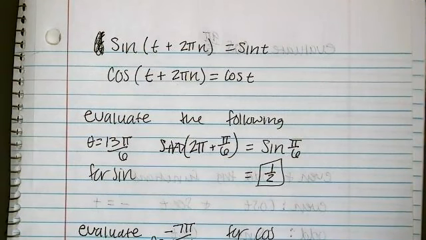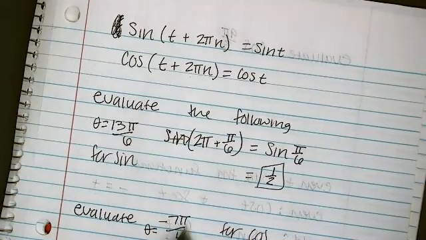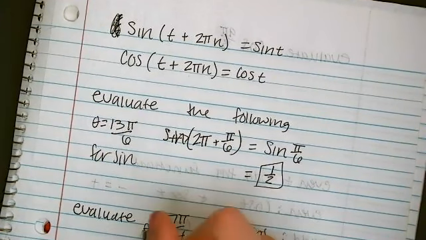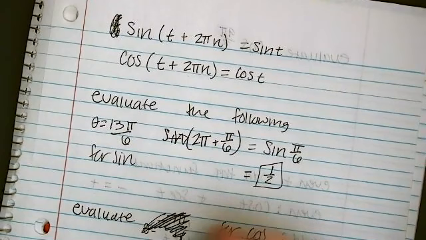Next example, negative 7 pi over 4. That's not what I wanted. Nope, that's not the value I wanted, sorry. Let's scratch that one.